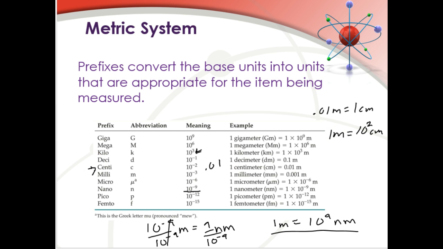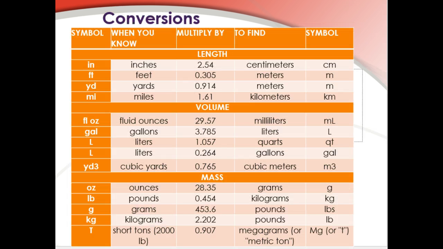Now, converting between the two, look at all of those crazy conversions. Don't freak out, there's a ton of them, but the nice thing about conversions is that we only have to know one for each type. The ones I recommend memorizing are these right here: 2.54 centimeters in an inch, 1.057 quarts to a liter, or down here you've got a couple options, but 453.6 grams to a pound. You could also say 2.202 pounds to a kilogram.